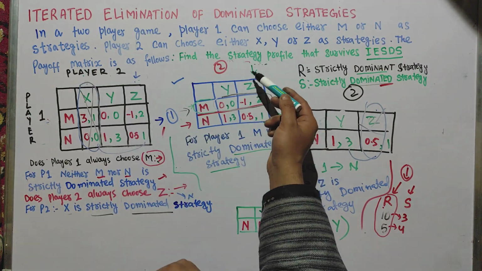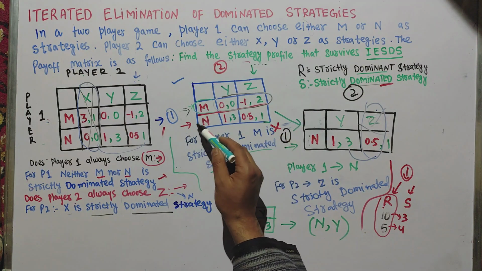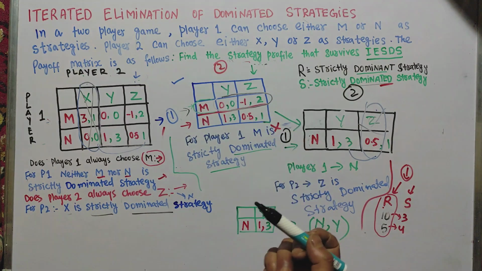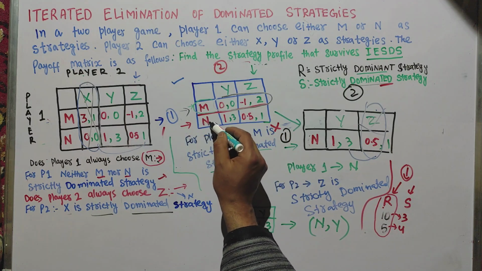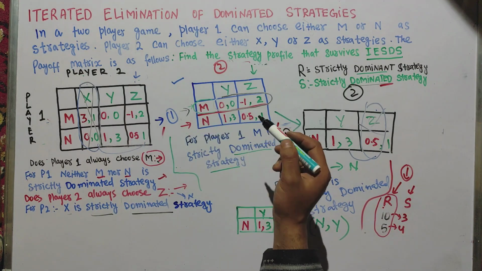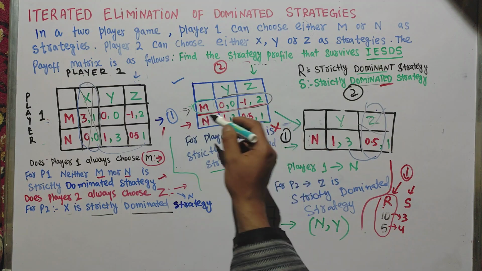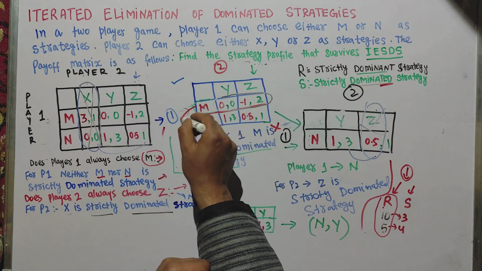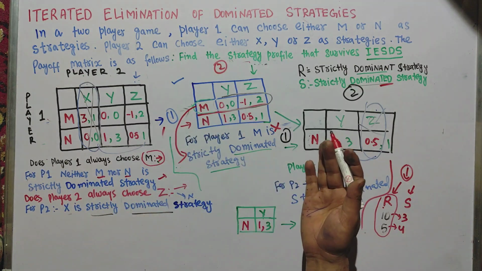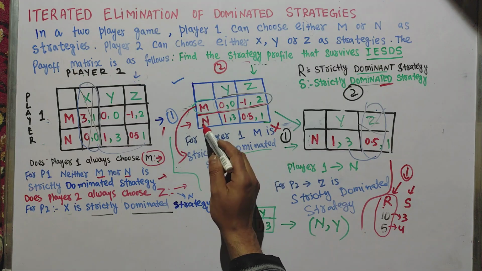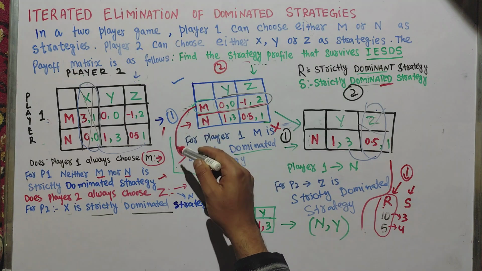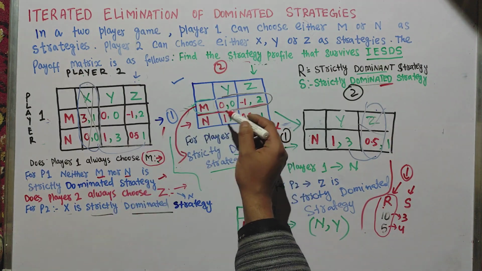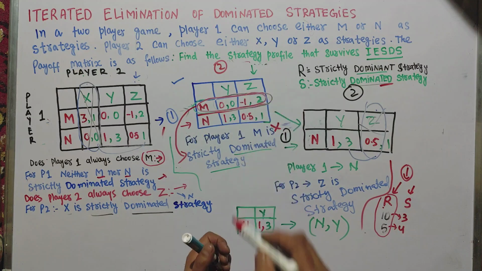When player 2 chooses Z, again playing N is better than playing M because 0.5 is greater than minus 1. So we say that N is the strictly dominant strategy, which means M is the strictly dominated strategy. If N is strictly dominant, the inverse is that M is strictly dominated. So we again eliminate this row here.